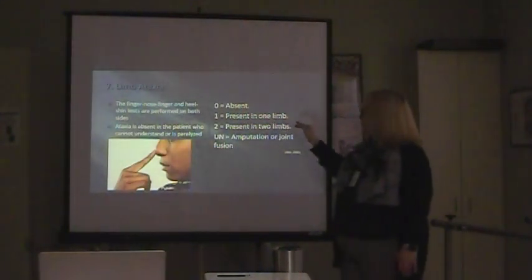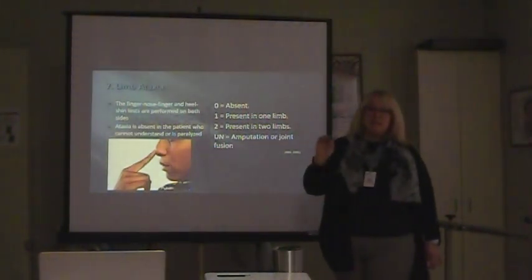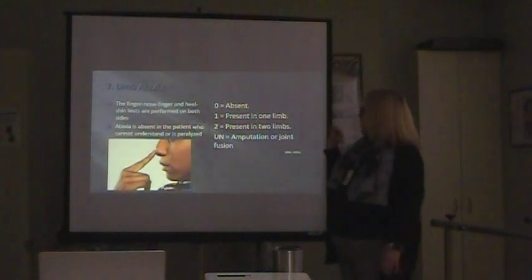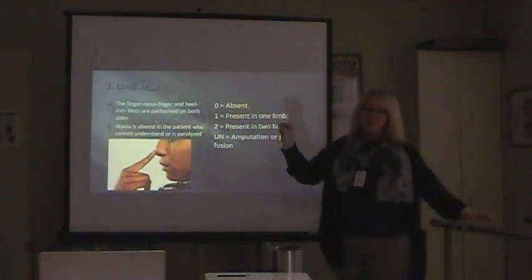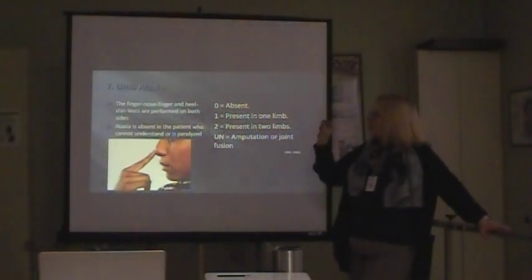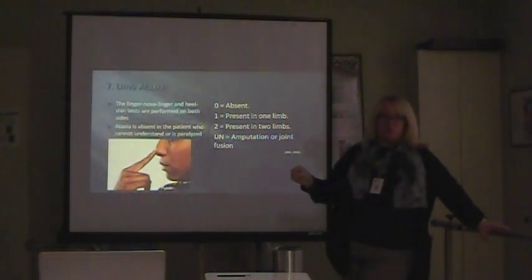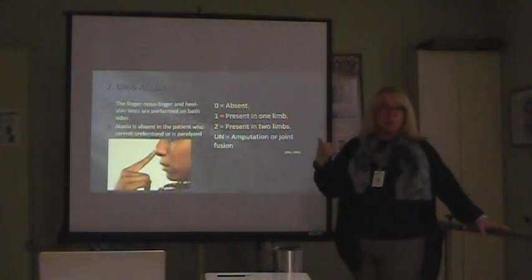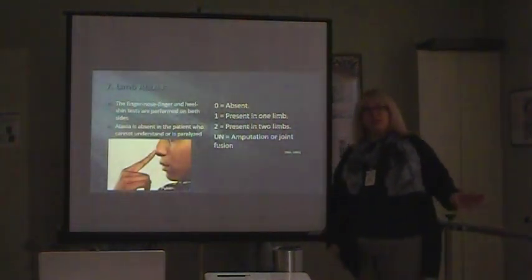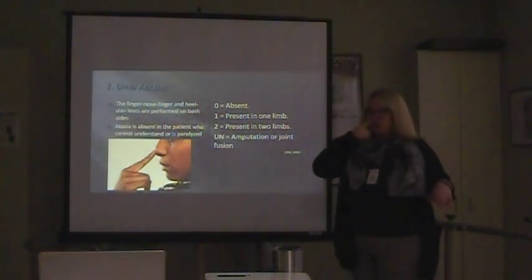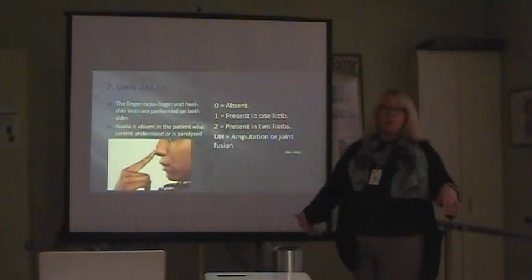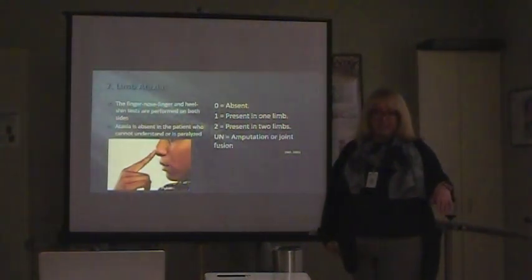But what I want you to understand, in this section, and this is the one place we get to give them credit, you can only give a score of ataxia if the limb is able to move. So let's say I come in with a stroke and I am flaccid all on my right side, and I'm not able to do the finger, nose, finger, or I'm not able to do the heel shin test.